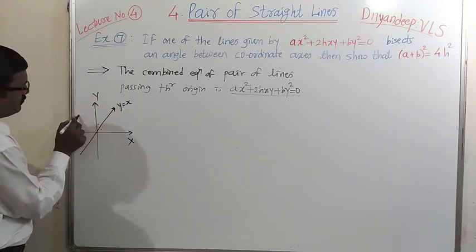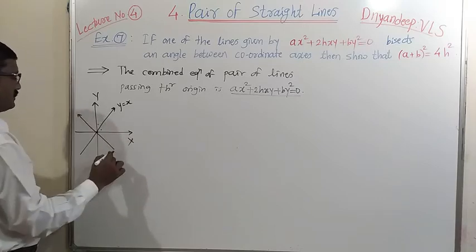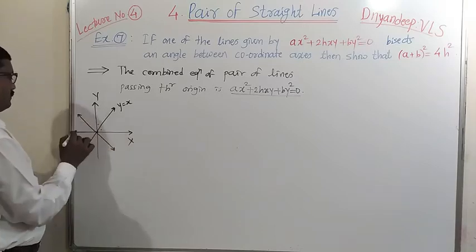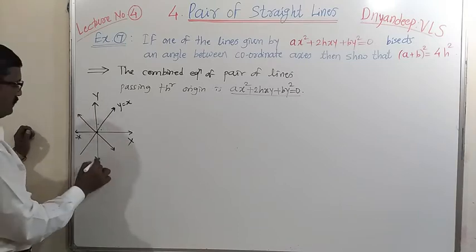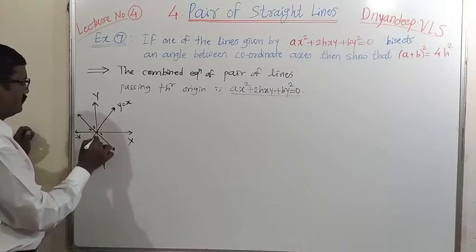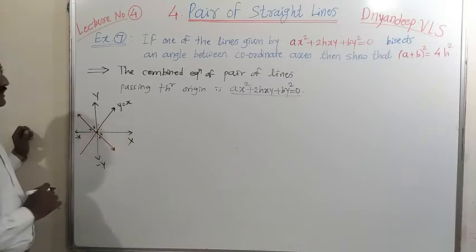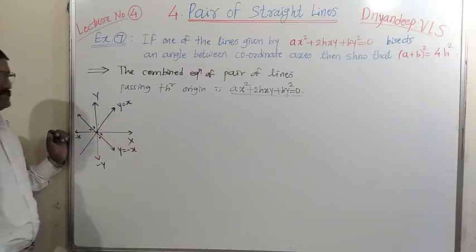Again there is another line which is also a bisector of the coordinate axes, positive x and negative y, negative x and positive y. This line is also a bisector, and its equation is y equal to minus x.